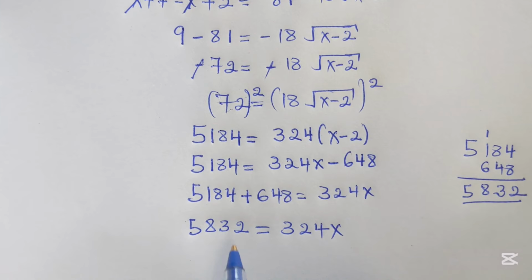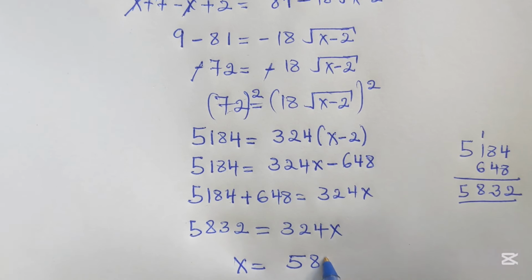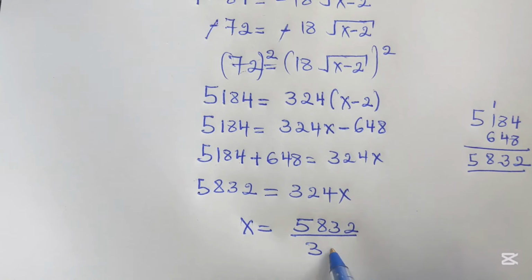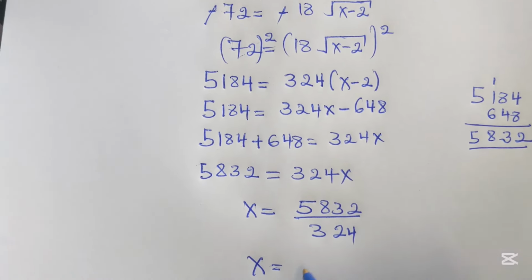So our x will be 5832 over 324. Then x will be 18.